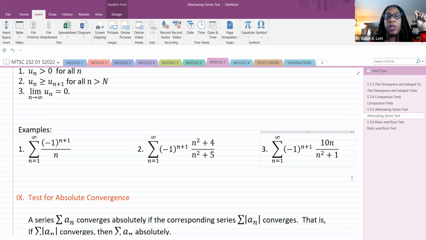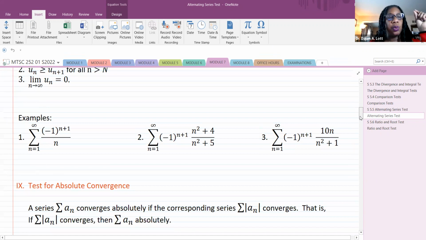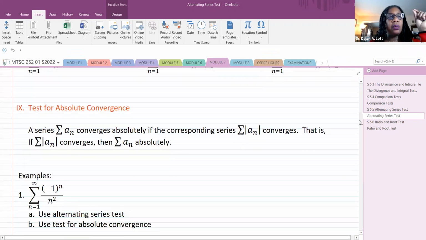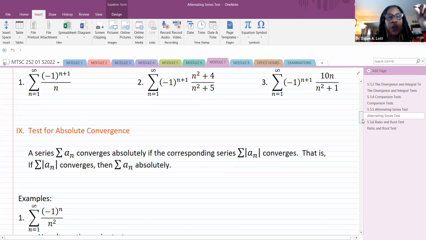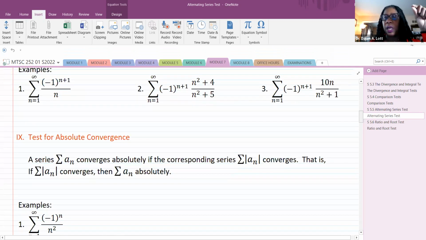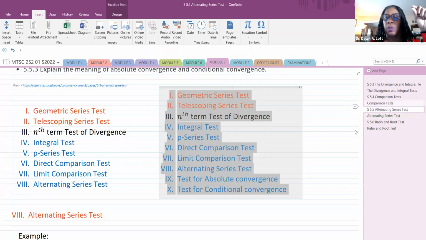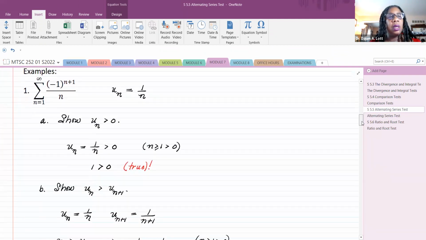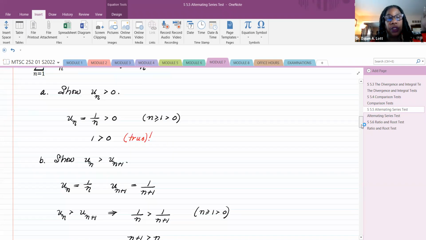And so we did a couple of examples. Actually, we did all three of these examples on Tuesday. Each one we did the test for absolute convergence. After we determined whether or not the series converge, after we did this test on this series, we were able to show this series converged.